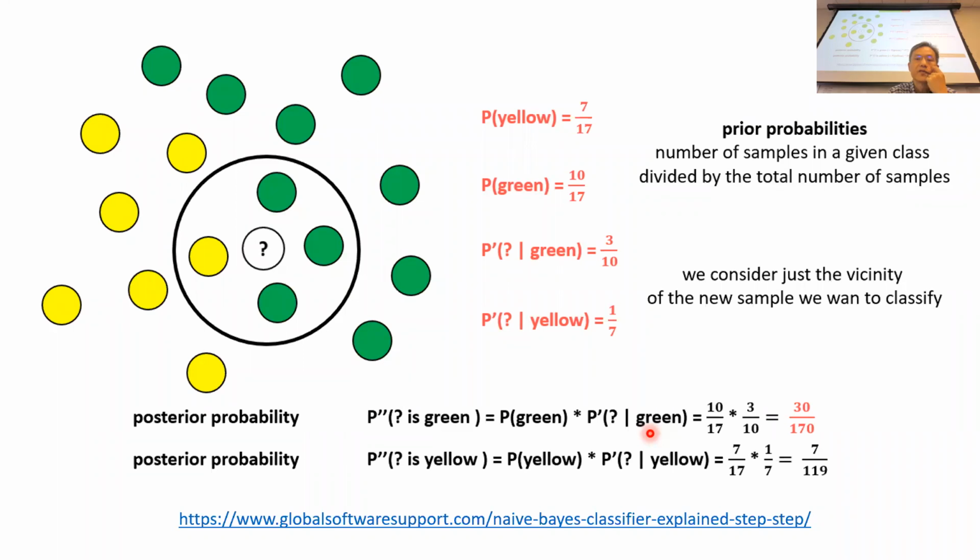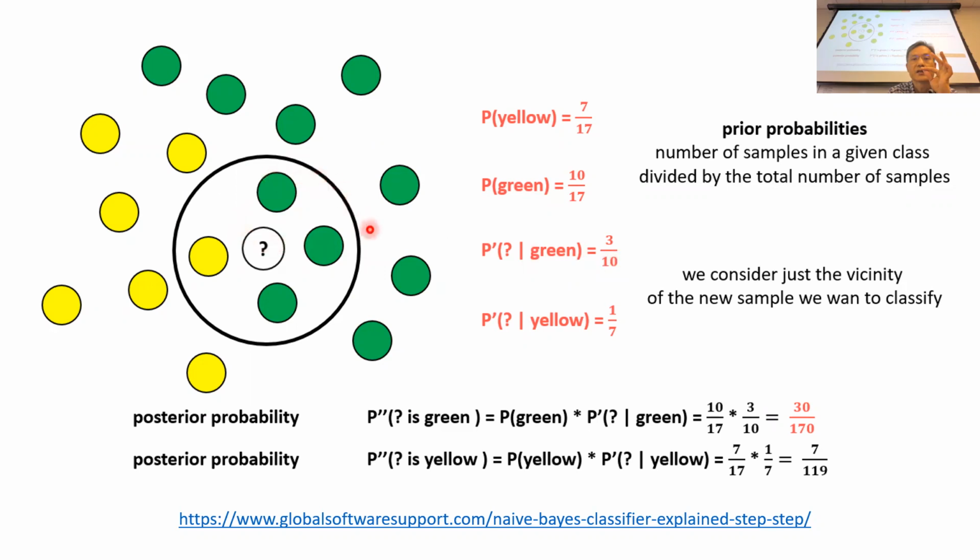Within this neighborhood around the test data point, if you are green, you're supposed to have 3 out of 10 being green.